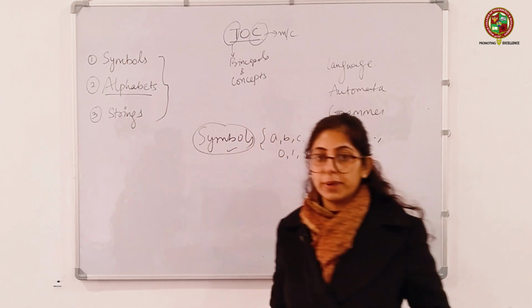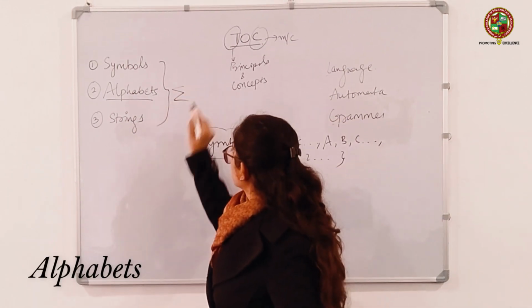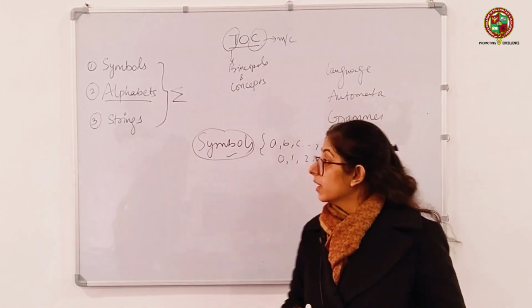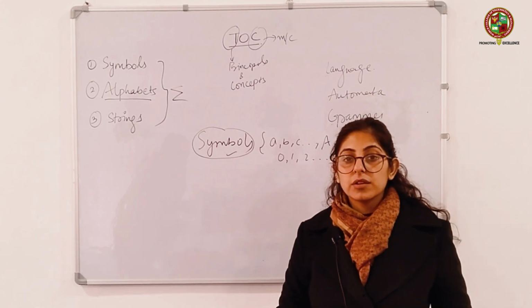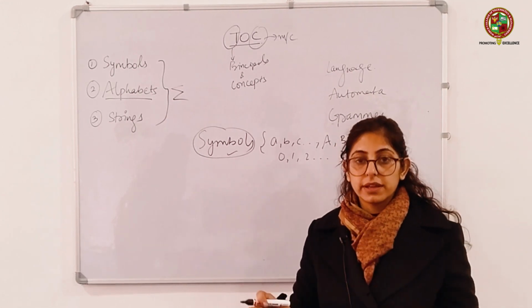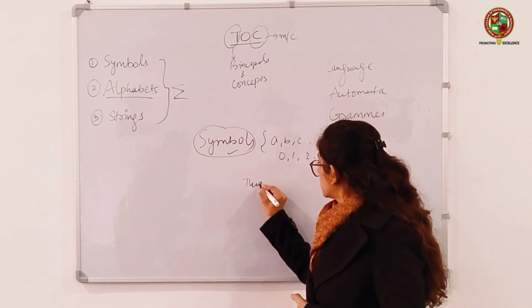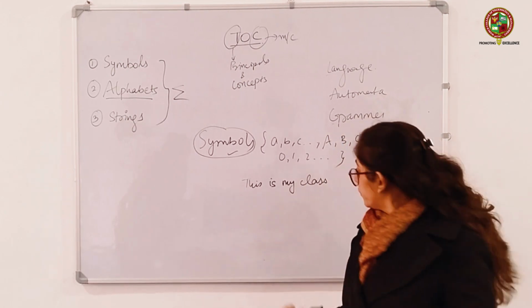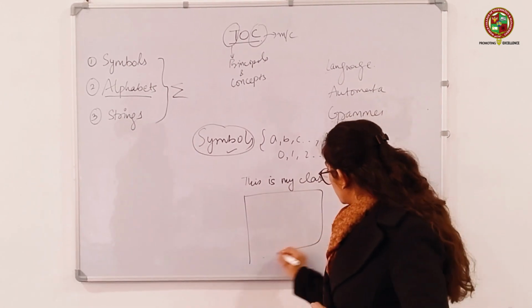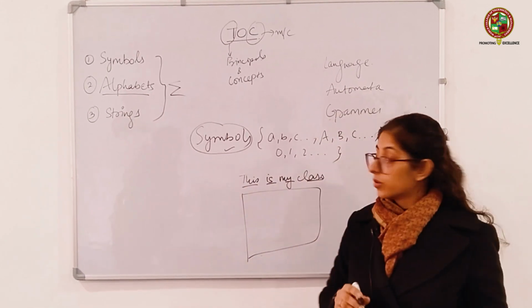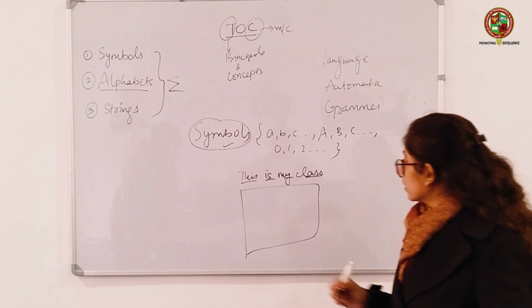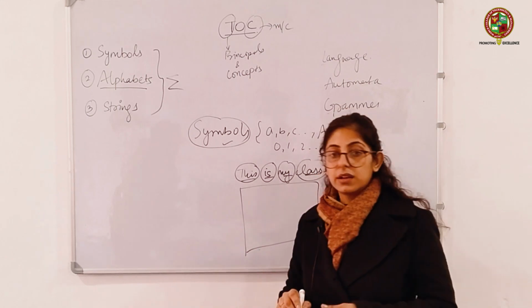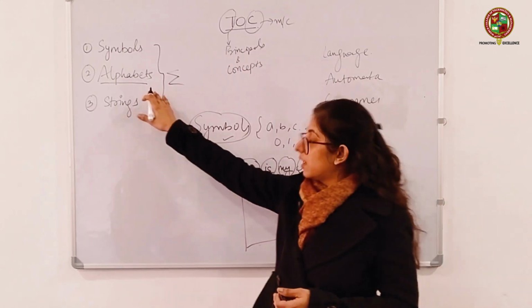Then next we have the alphabets. Alphabet is always denoted with sigma. In the theory of computation, we denote it in the form of sigma. What does the alphabet contain? If I am giving a sentence, this is my class, and in future reference also, I want to use these four words only, then I will take this, is, my and class as my future reference alphabets.